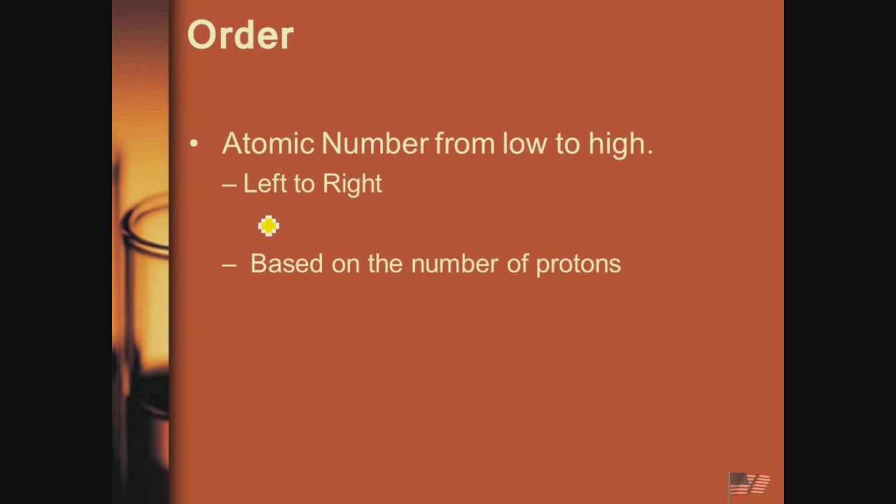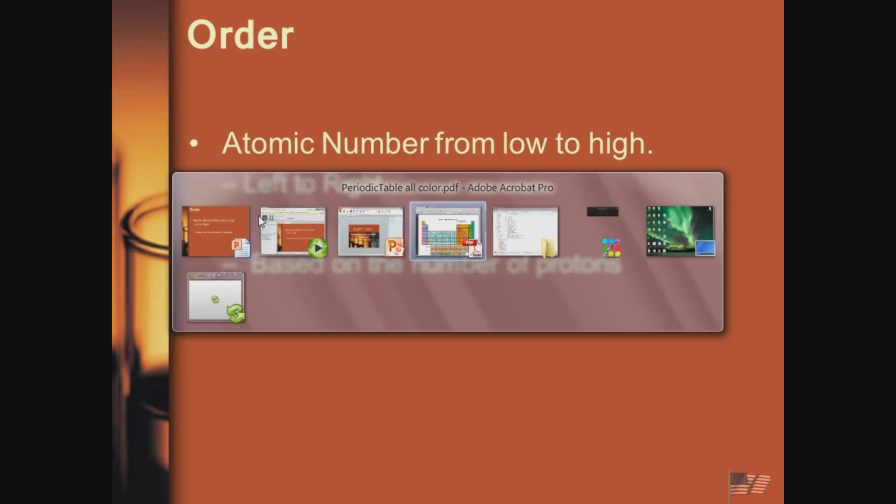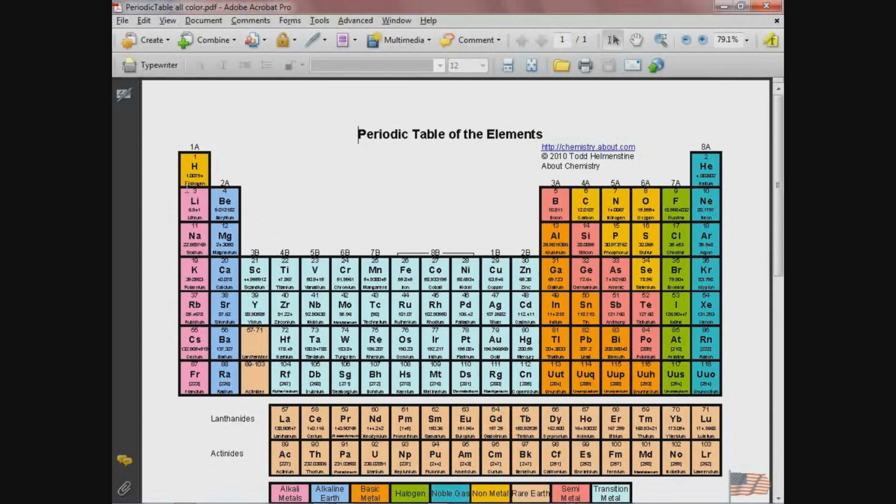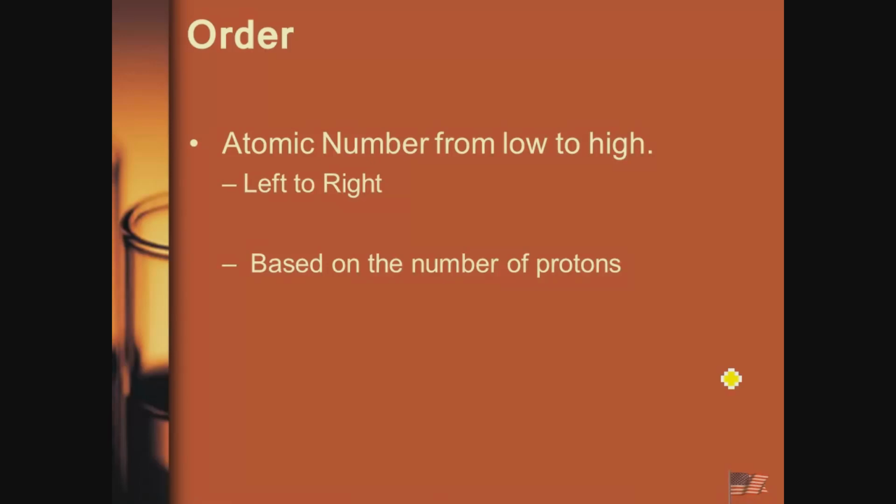First of all, the atomic numbers run from low to high, left to right, and as they go down. So here I have 1 is hydrogen, 2, 3 through 10, 11 through 18, 19 through 36, and so on and so forth. So numbers get higher as they go left to right and get higher as they go top to bottom.